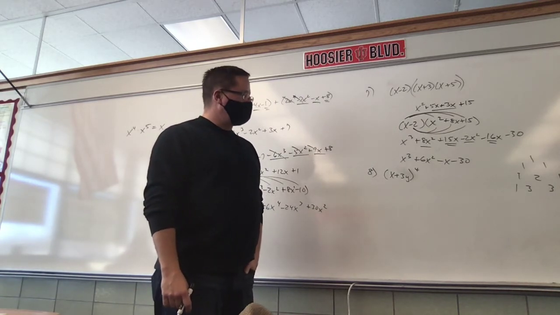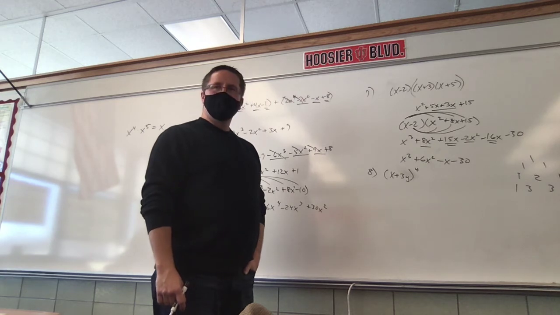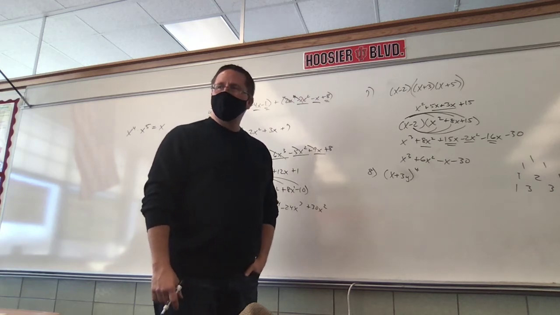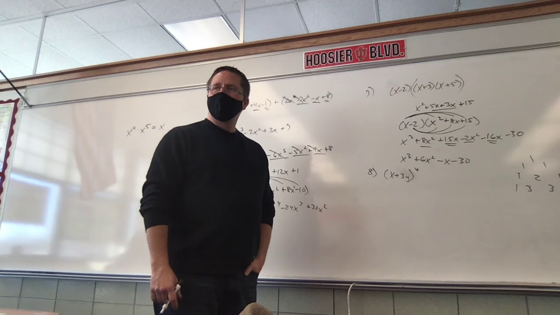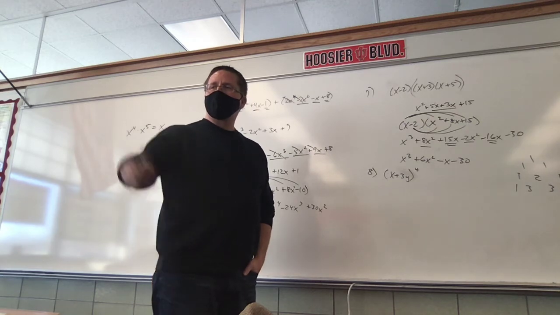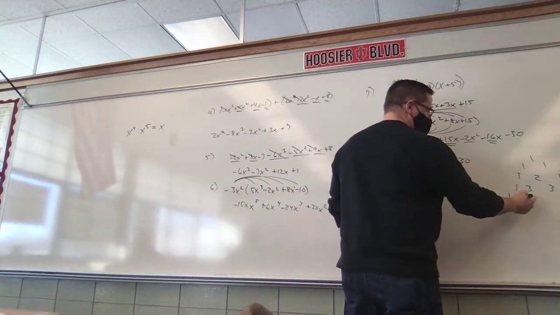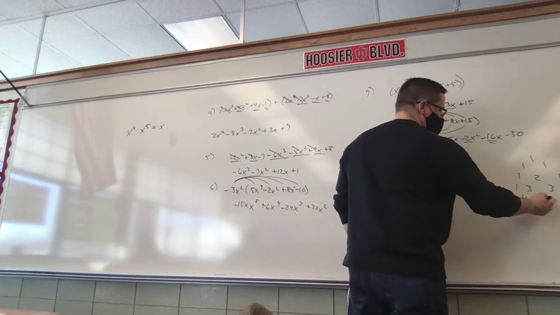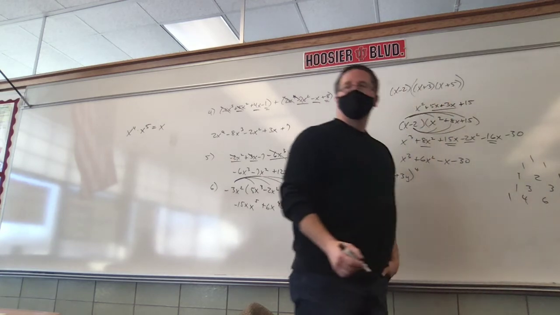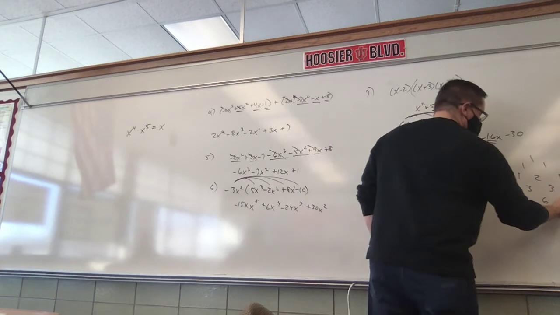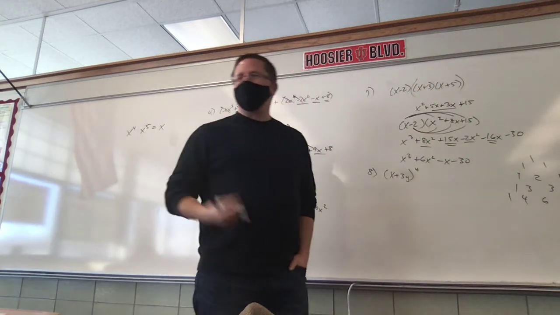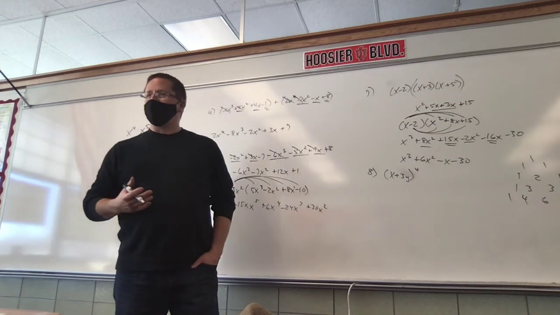Where am I getting these numbers from? From the ones above. What do you mean the ones above? Because 1. What's the next row? 1. And then 4, 6. What are you doing? I'm adding the numbers. You get any number, you add the two numbers above it, okay?